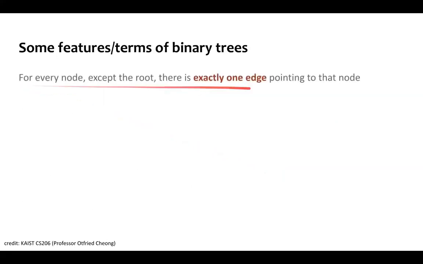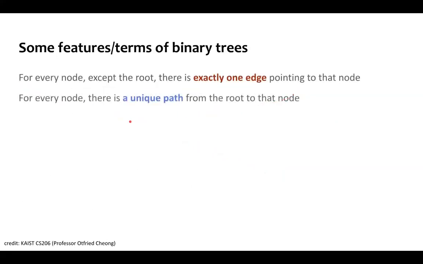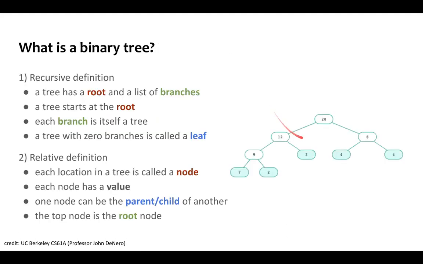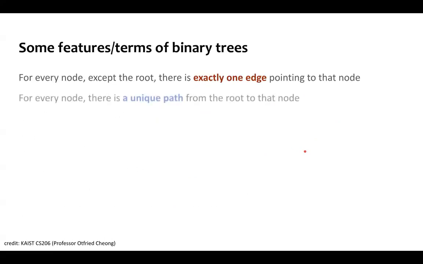So that is what it talks about. And for every node, there is a unique path from the root to that node. So in this example, there is just one path to reach the node with the value 3 from the root. We have just this one root. We have no other roots. That is another feature of binary trees.